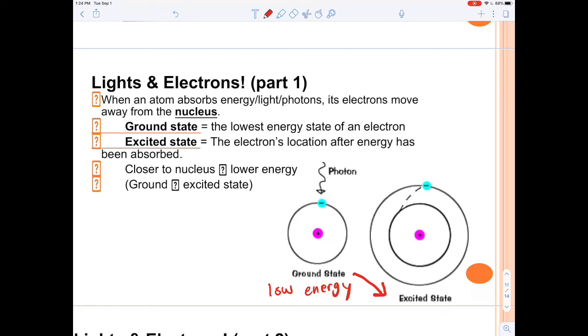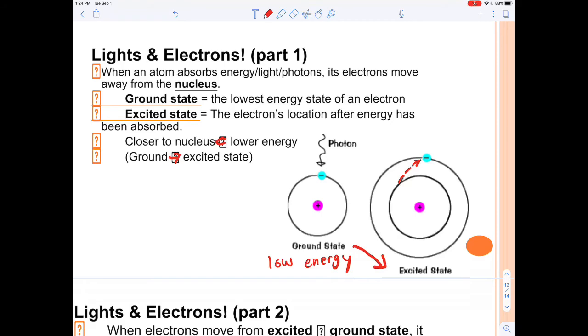So after it absorbs energy, the electron moves to this excited state, as you can see here. So closer to the nucleus equals lower energy, and we're moving from the ground to the excited state. So at this point, no light has been produced yet. Our atom has simply absorbed some energy to get to the excited state.